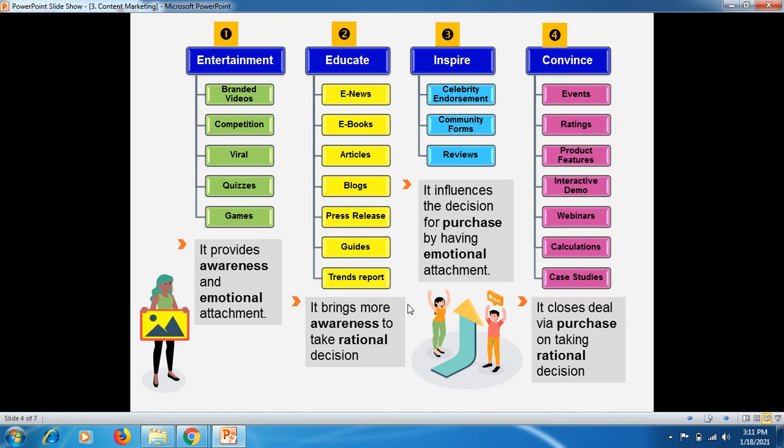But here companies provide you games in artificial form where you engage yourself, your mind, and you are emotionally attached to that game as well. So this is how they influence with entertainment to induce you to take a decision to buy the product and services.